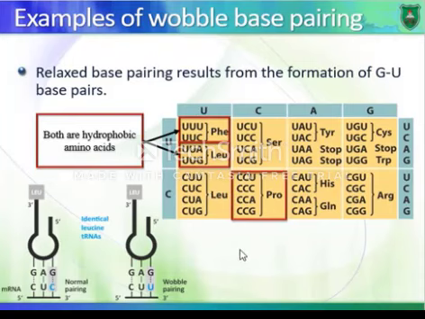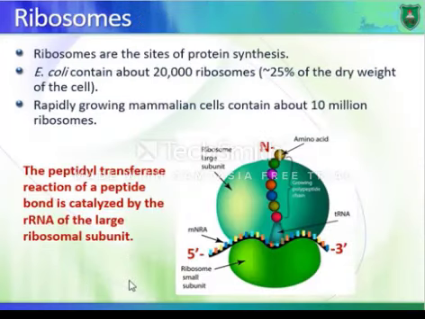So just changing, for example, the U into C will provide the same amino acid. So the wobble base pairing can work like a buffer against mutations. Also, the wobble base pairing again provides a kind of flexibility for the synthesis of polypeptide chains.